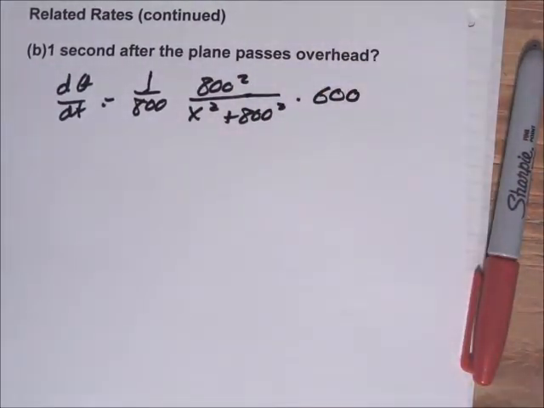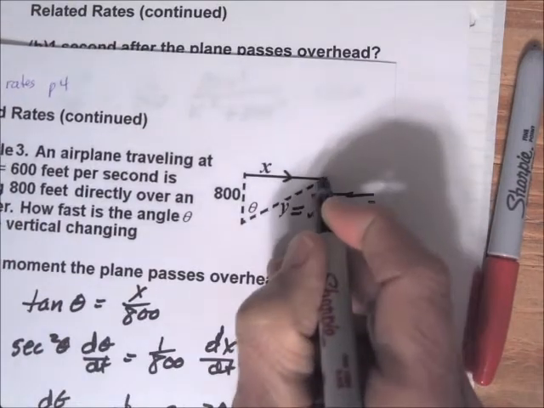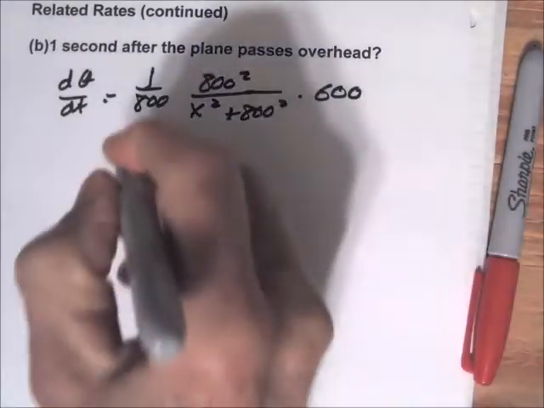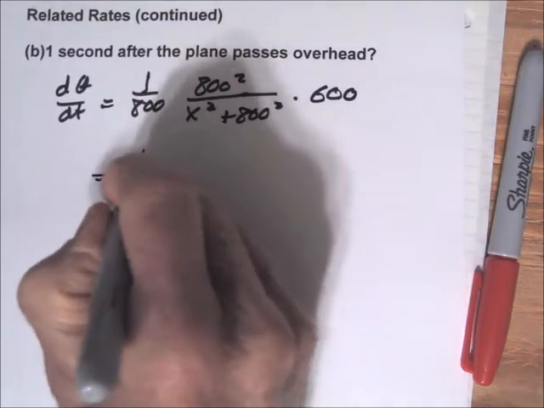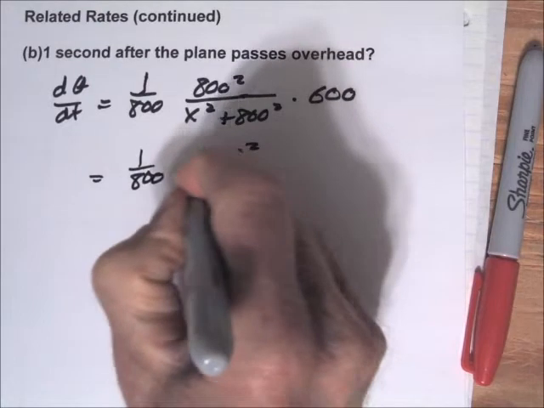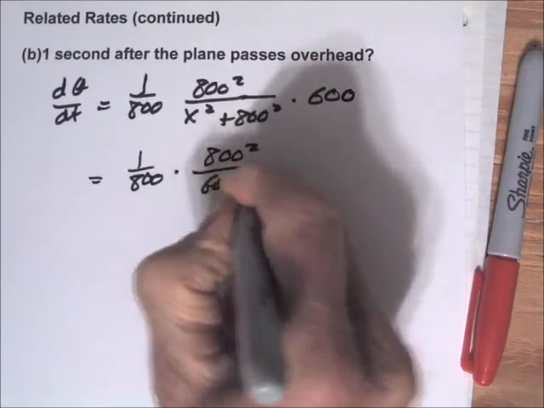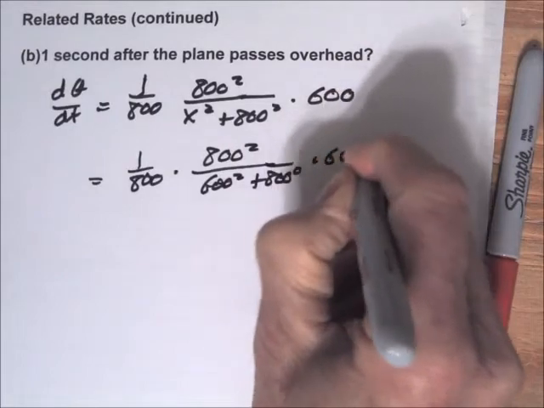But after 1 second, the plane has traveled 600 feet. It's traveling 600 feet per second, so now x is 600. So this is 1 over 800 times 800 squared over 600 squared plus 800 squared times 600.